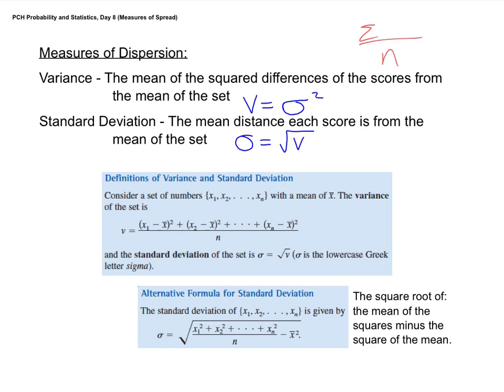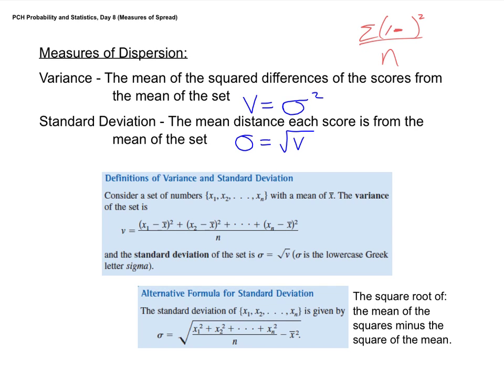Now, what are we adding up? Okay? It's the squared. So that means we are squaring something. Differences, that means we are subtracting something. Well, what things are we subtracting? We're subtracting each of the scores from the mean of the set.